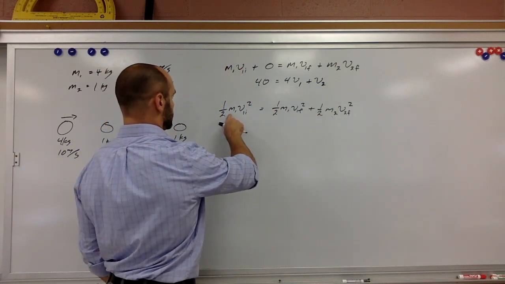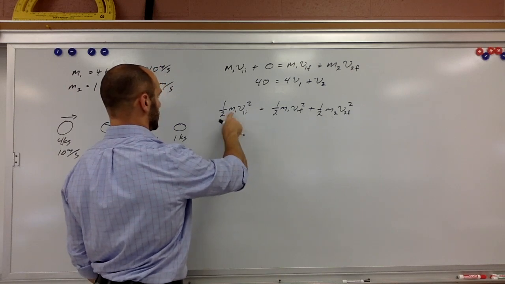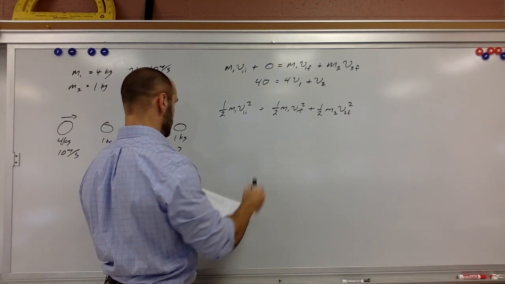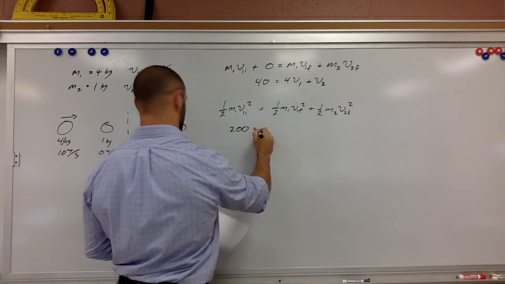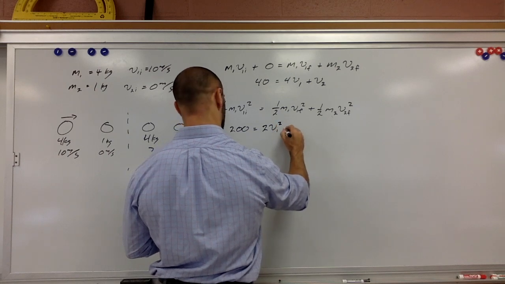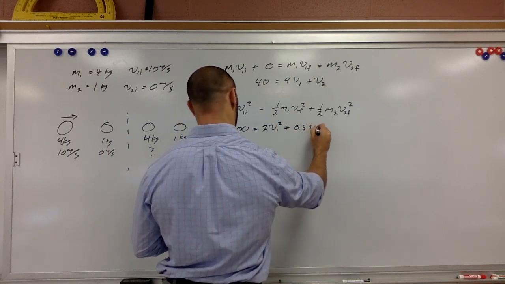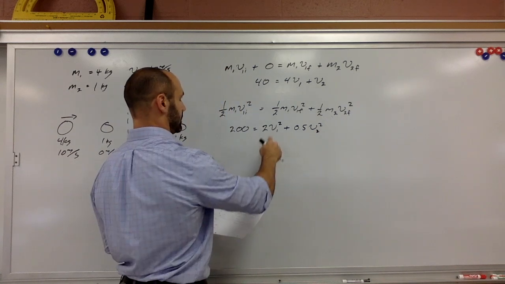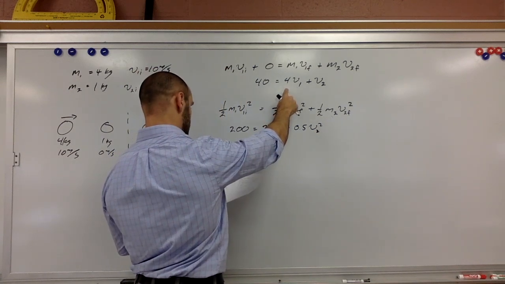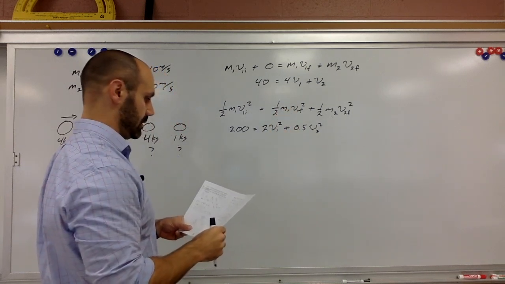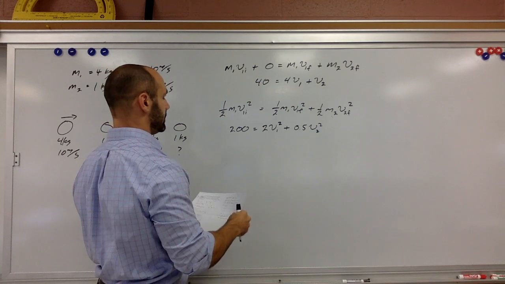Now I'll plug in here, so this is going to be 1/2 of 4 times 100, so 200 is 2V1 squared plus 0.5 V2 squared. And so I've got these two equations. And so what I'm going to do is solve for V2.